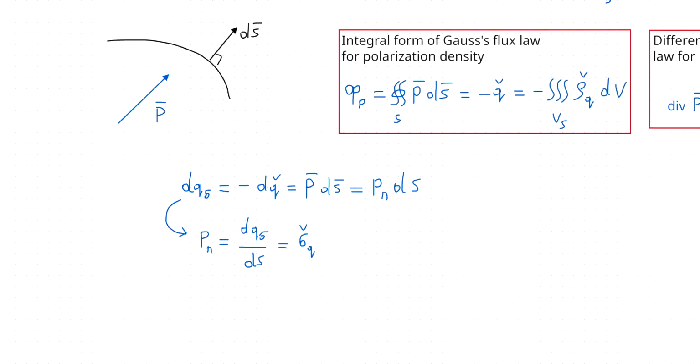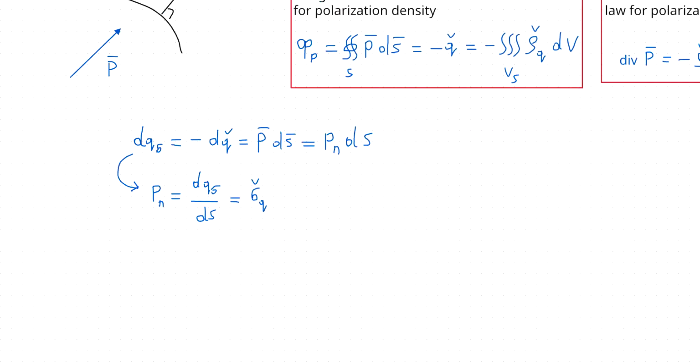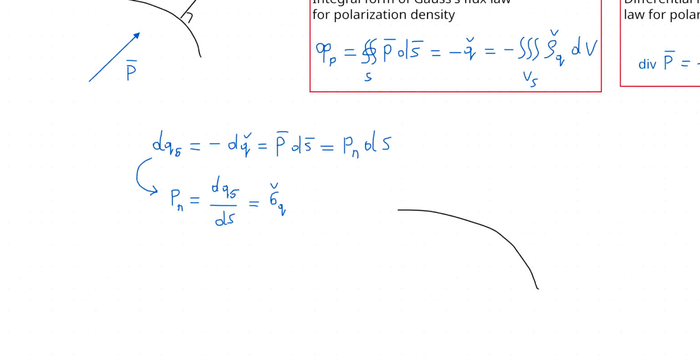Okay, and what will happen if we have the general case? Not only a dielectric and vacuum, but a surface between two dielectrics.